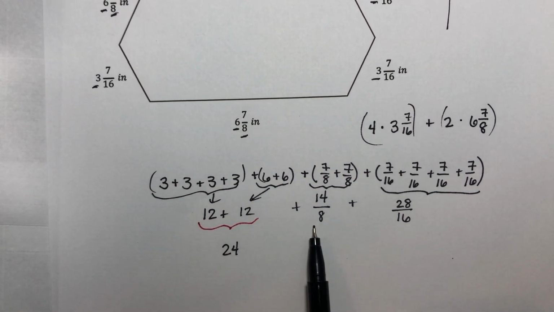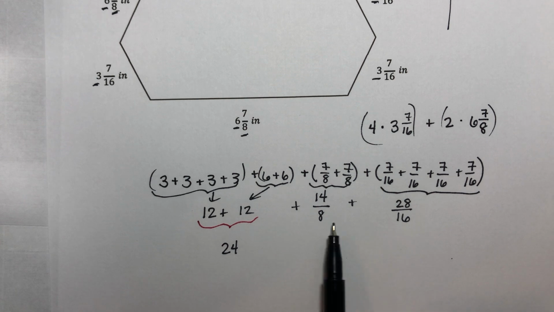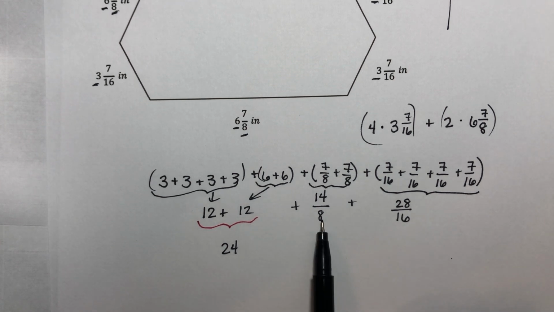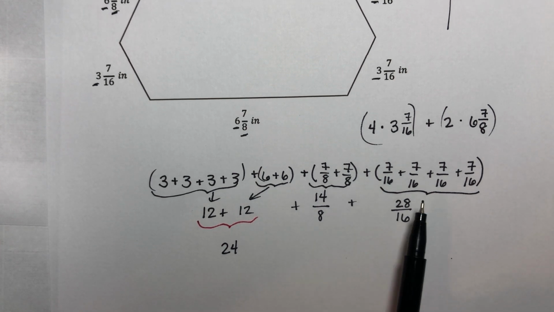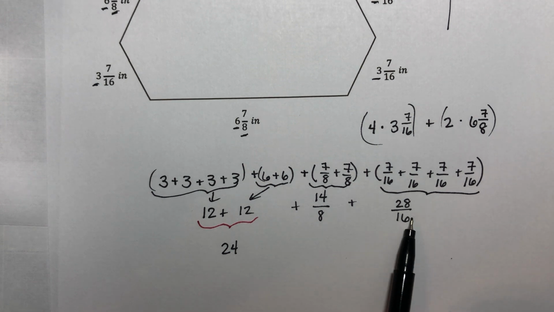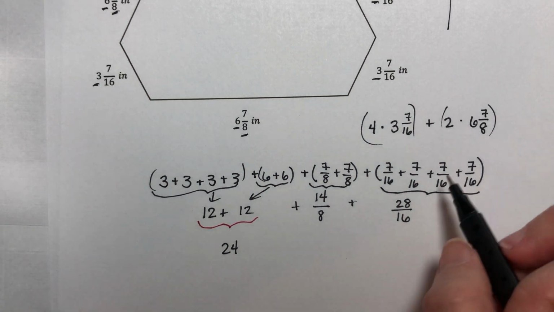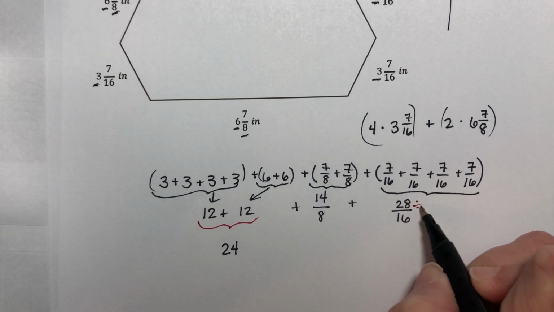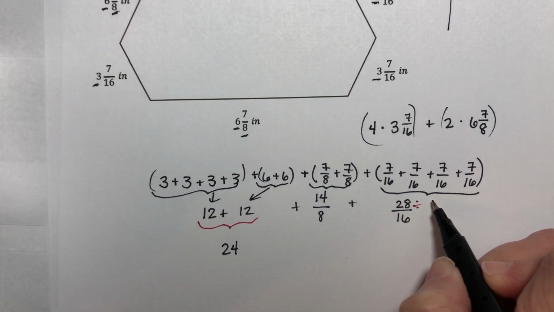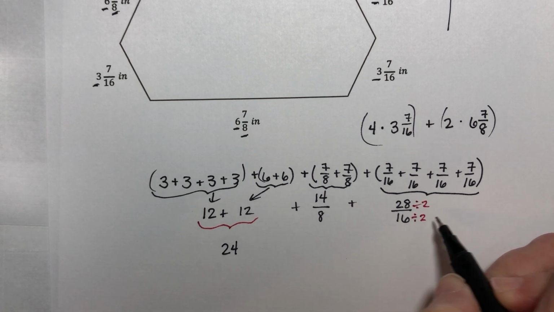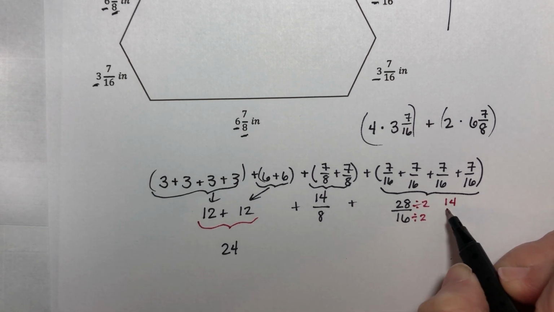Now I'm looking at these, and I see that they will reduce, but I'm also seeing that if I simply divide this by 2 right here, I'm going to have an 8, and I'm going to have a common denominator. So let me just do that part. And like I said, I'm showing you a way through these problems, not the only way to get through these problems.